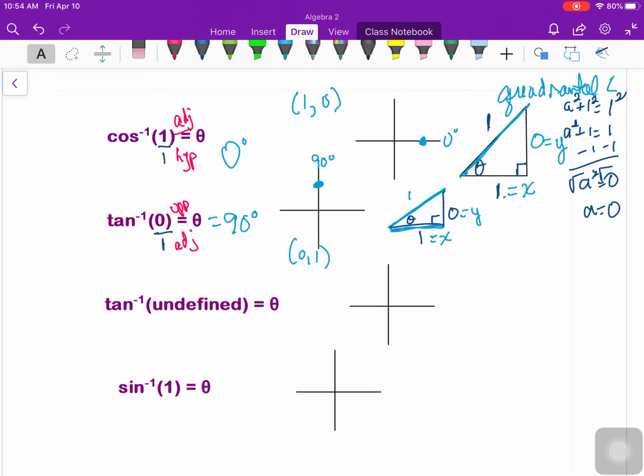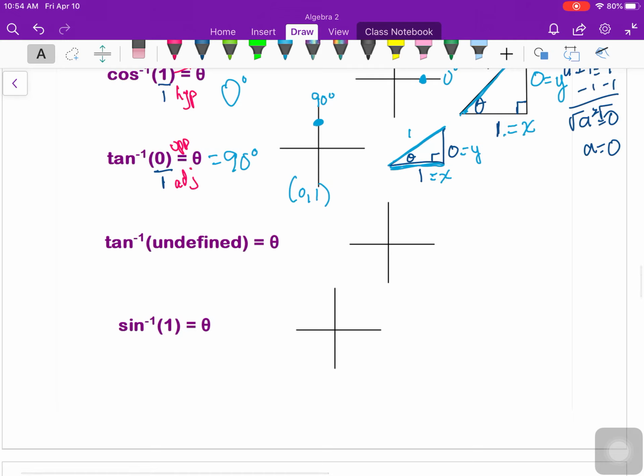Tangent inverse of undefined equals theta. Well, undefined comes from the simplified fraction of 1 divided by 0. So on my triangle, my theta is here. Again, tangent means opposite over adjacent.